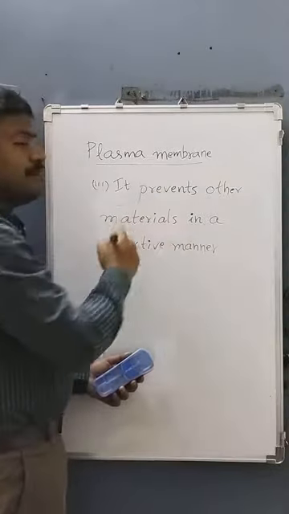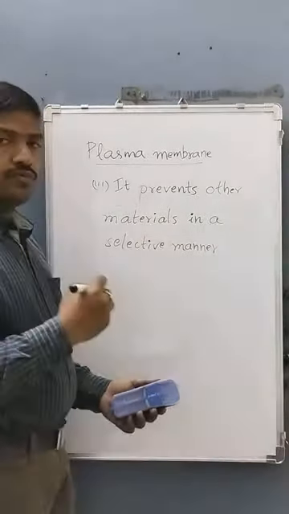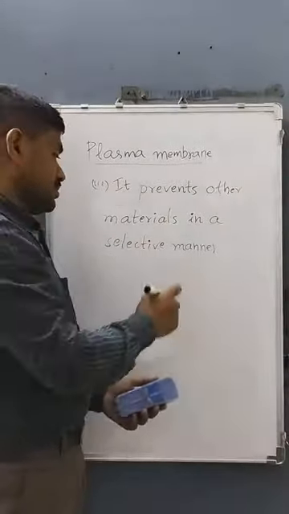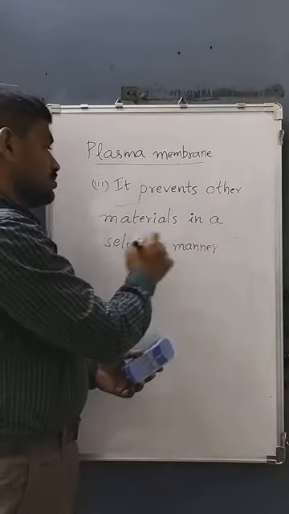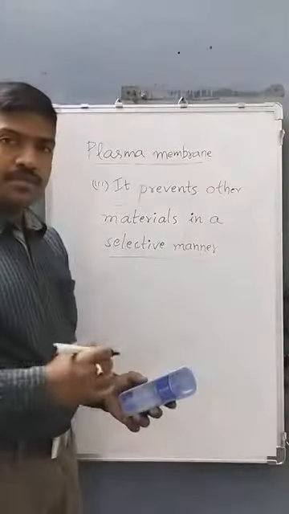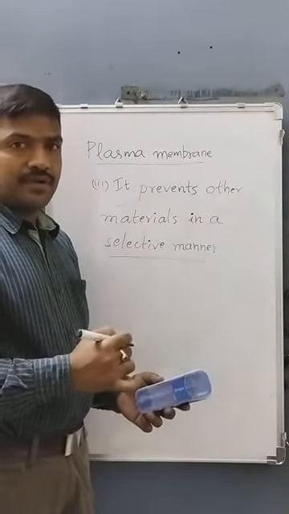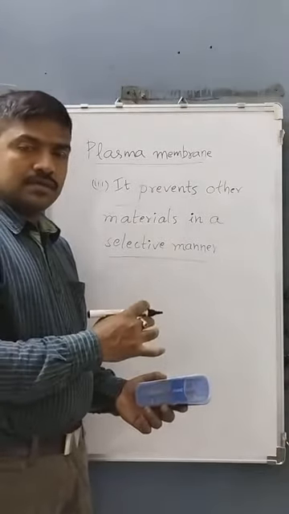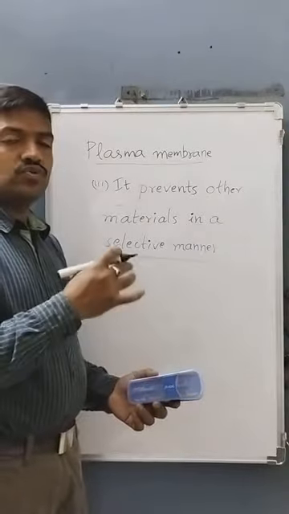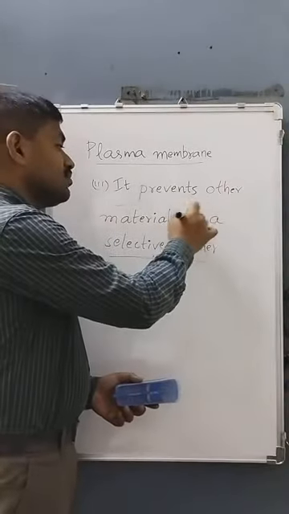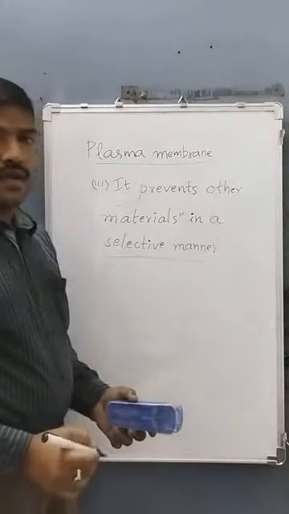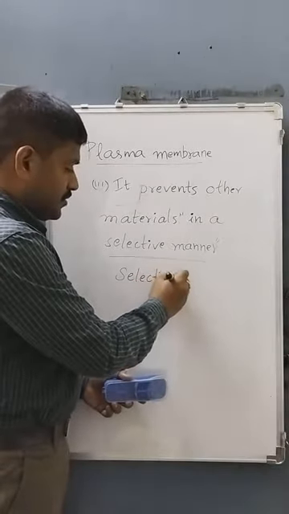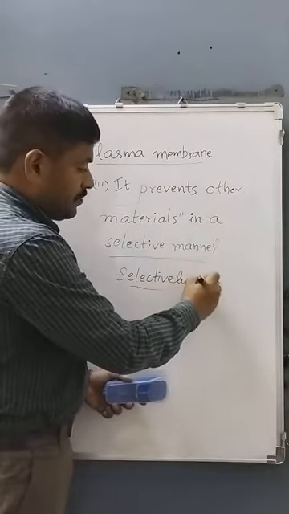Plasma membrane permits only some molecules to move across it, and it prevents other materials from moving across it. As it is permitting some molecules and preventing other materials in a selective manner, it is called a selectively permeable membrane.